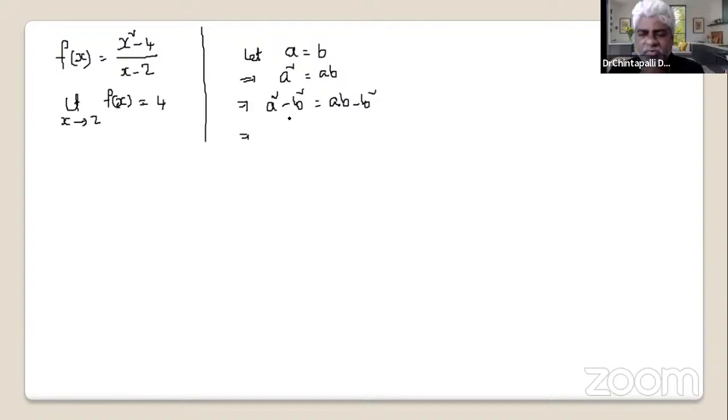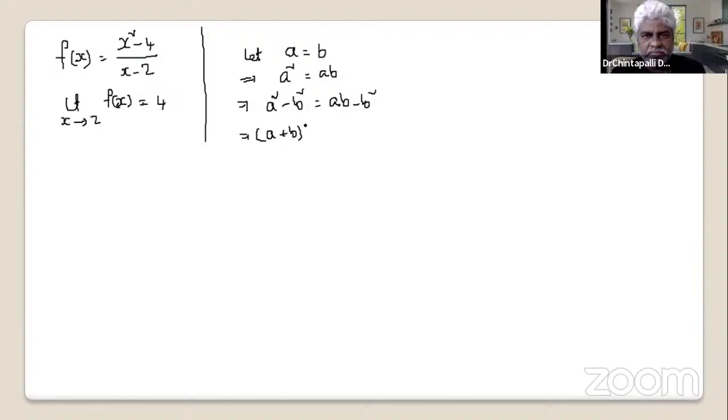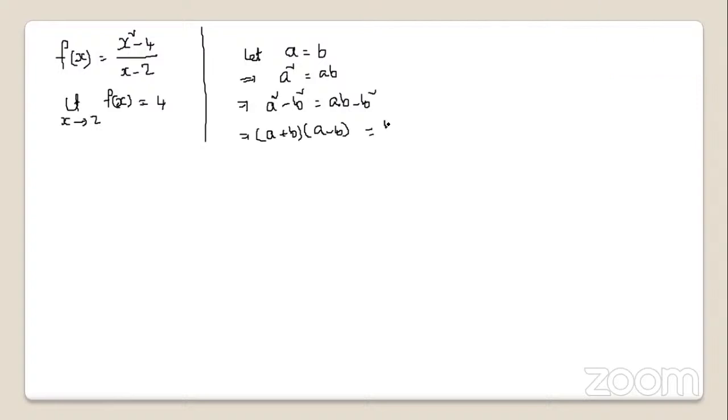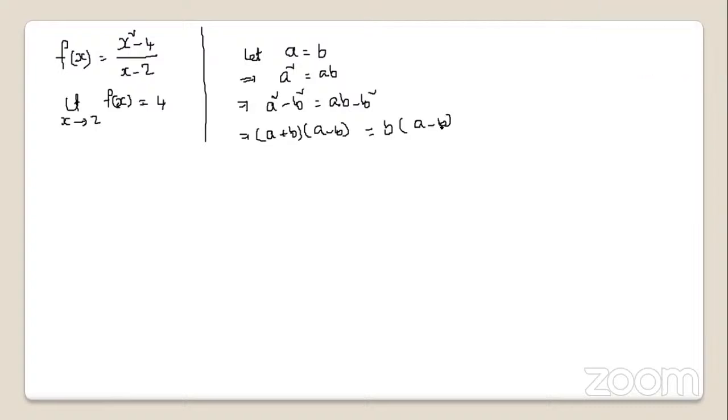Use the A square minus B square formula: A square minus B square is A plus B times A minus B. On the right side, B is the common factor. Take B common, A minus B. What is the common factor on both sides?